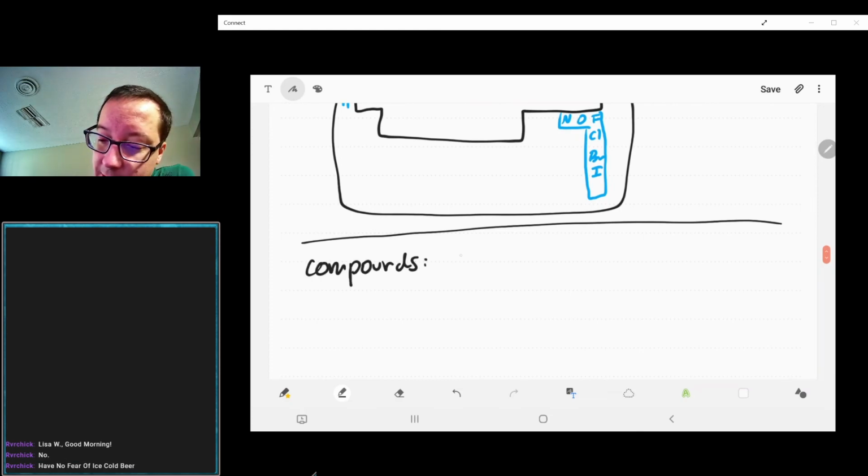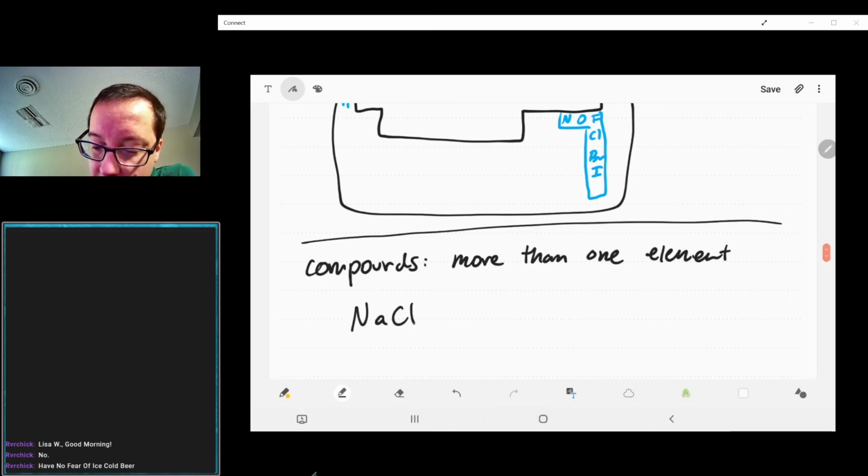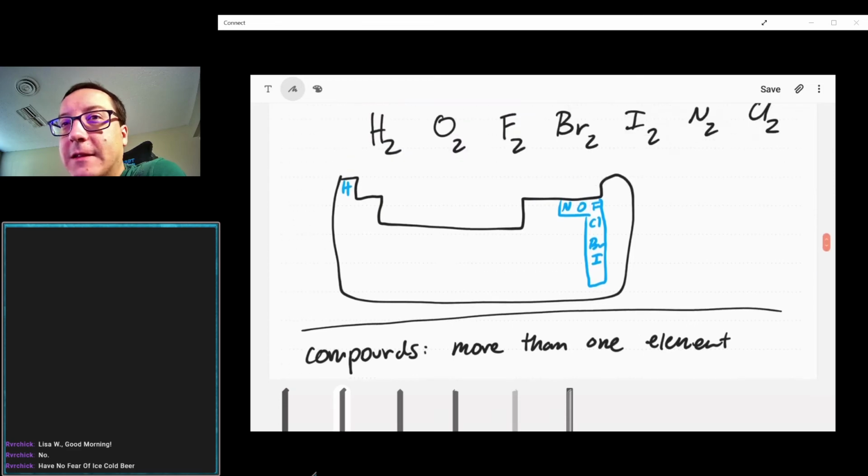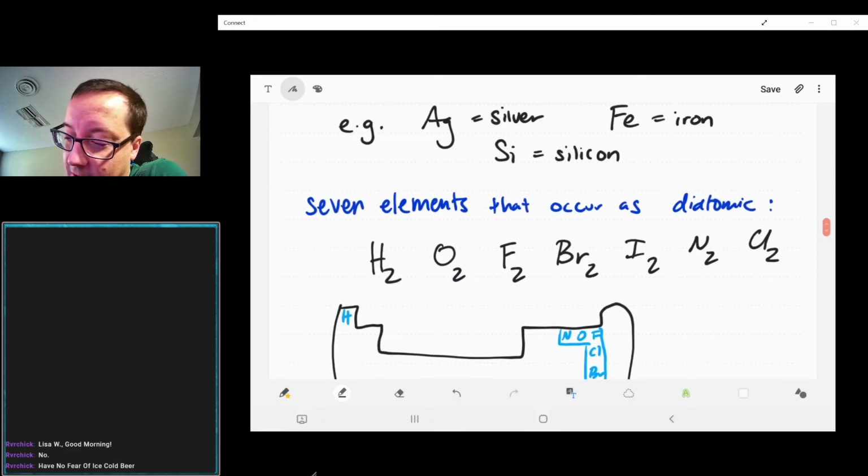Remember that compounds are more than one element put together. For example, salt is a compound. Water is a compound. Have no fear of ice cold beer. Let's see, does that work? HNFOICB.